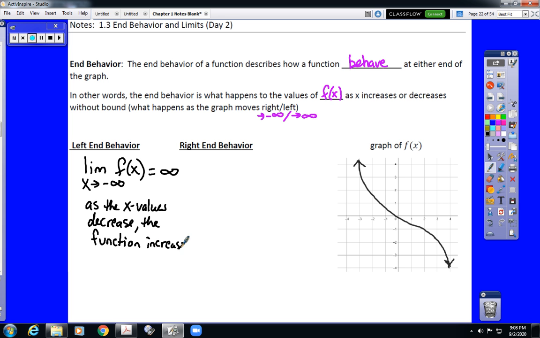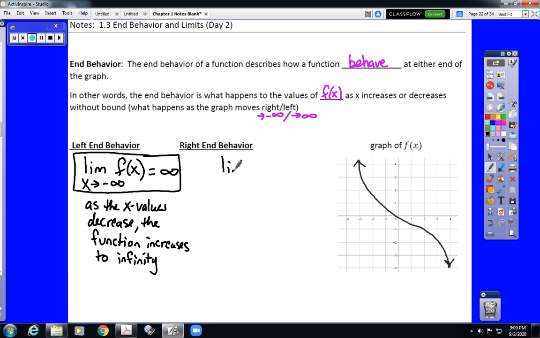That's what we're seeing on the left end of that graph. In proper notation, that is the limit as x approaches negative infinity of f of x equals infinity, which says as x gets really, really small, f of x gets really, really big.